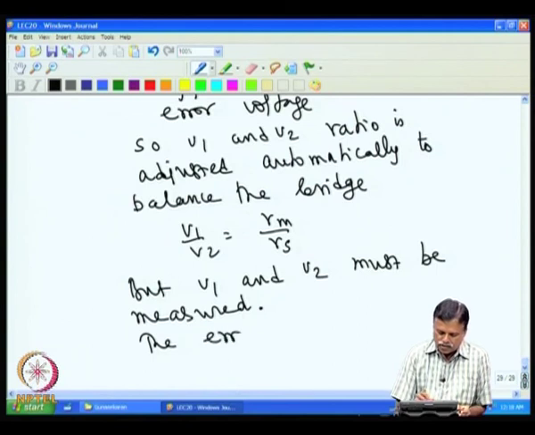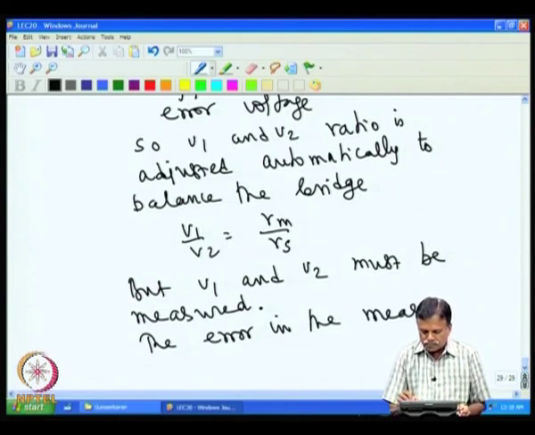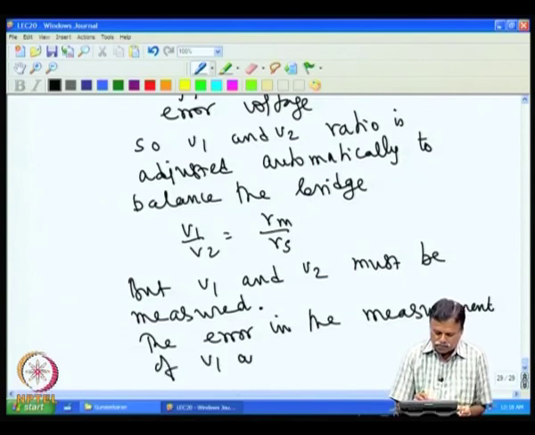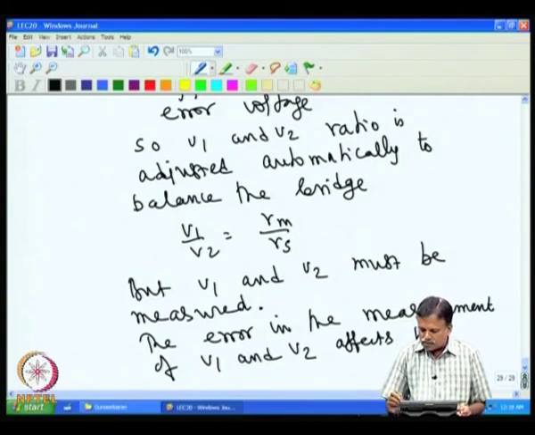So, the error in the measurement of V1 and V2 affects the resistance measurement.